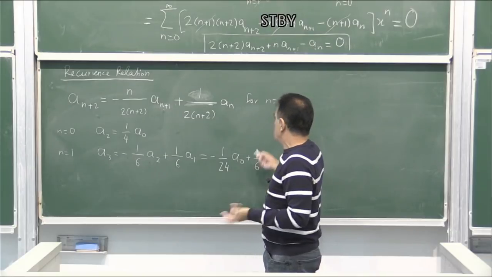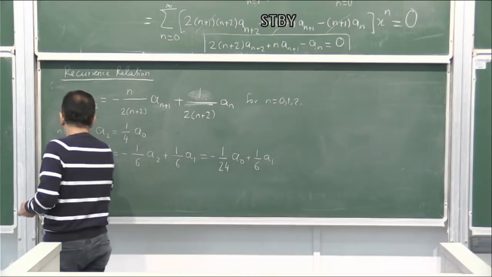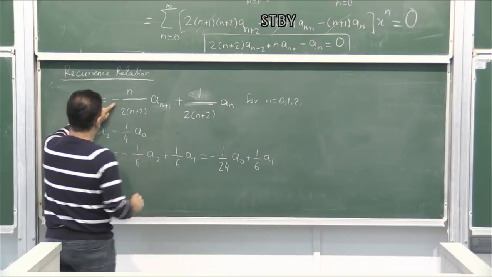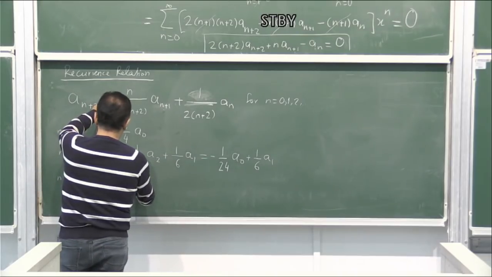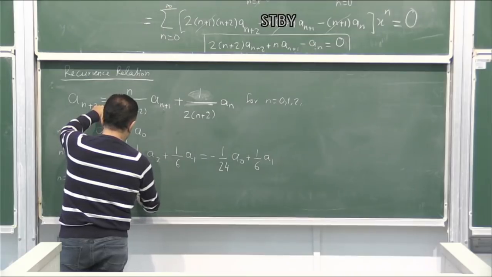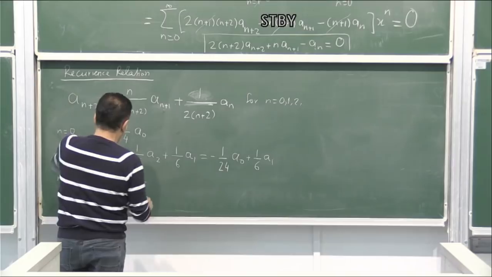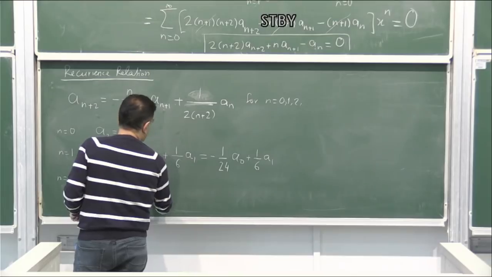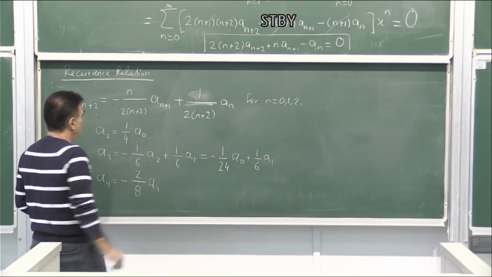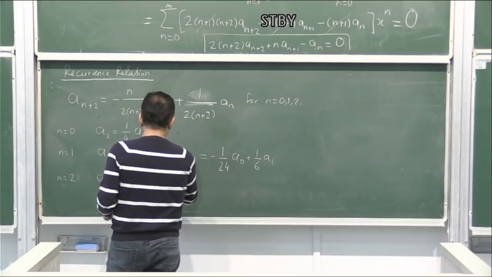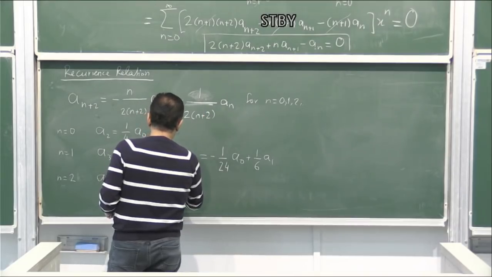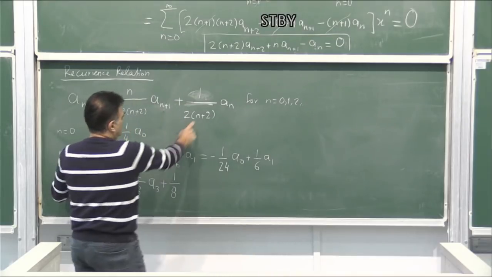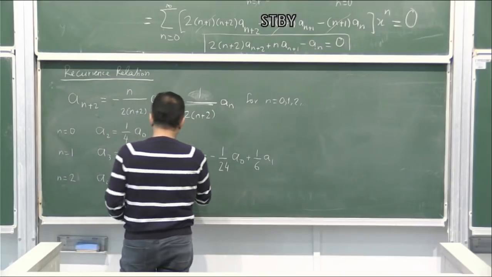So when n is 2, we have A4, which is minus 2 over 8. Okay, 2 times 4. A3. Good. And plus 1 over 6. Or 1 over 8, sorry. 2 plus 2, 4 times 2, 8.